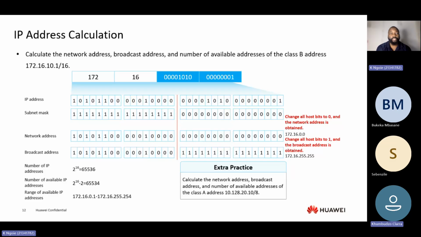Is there anyone who knows the meaning of the 16?